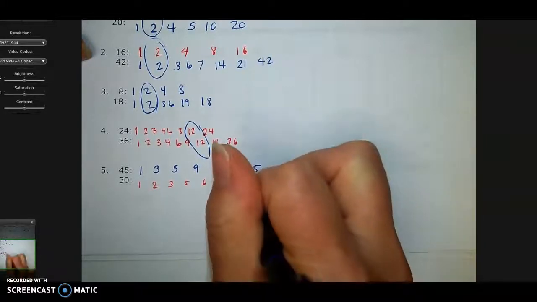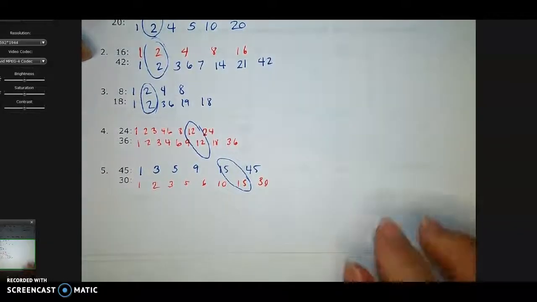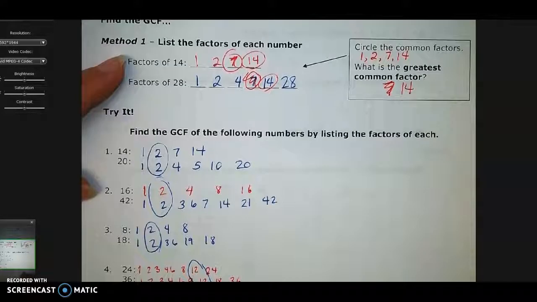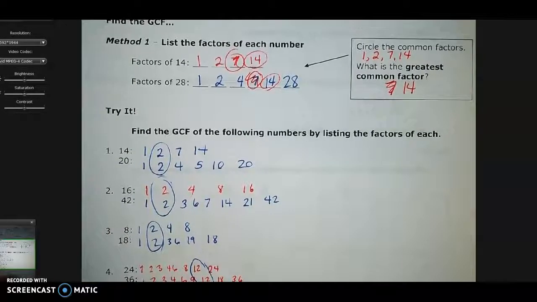And the greatest common factor we have here is 15. So that is one way to find the greatest common factor, or in fact all the common factors that they have.